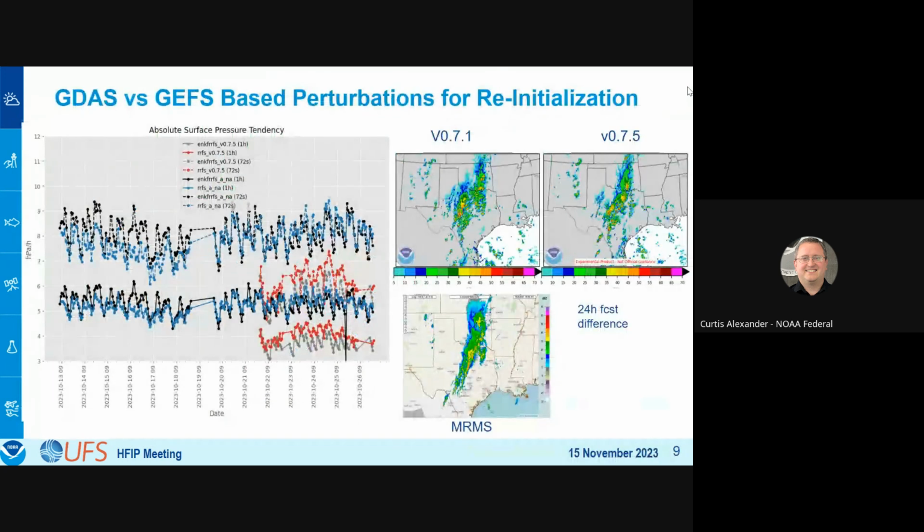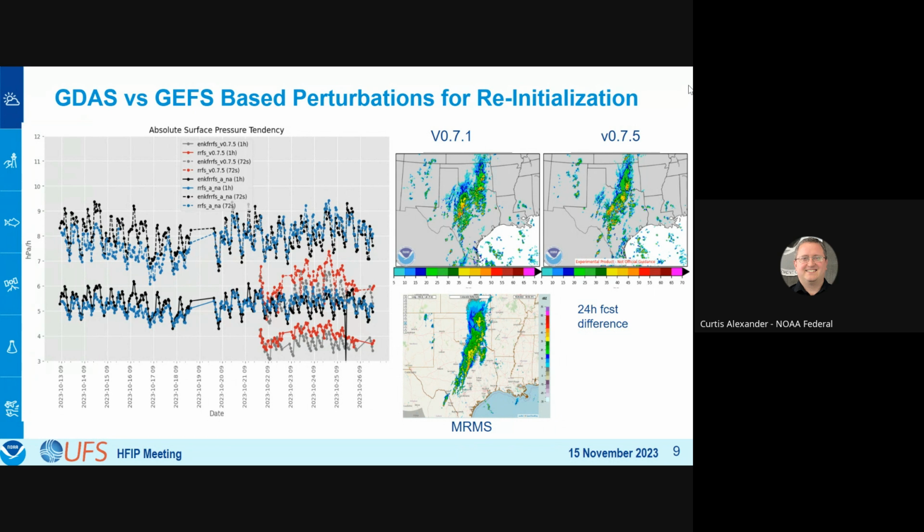Next slide. And so one of the changes we made recently is to move from GEFS to GDAS for the starting point of the perturbations that, again, feed into the 30-member regional ensemble. This really helped reduce the surface pressure tendency metric for noise in the model forecasts from the GDAS perturbations.